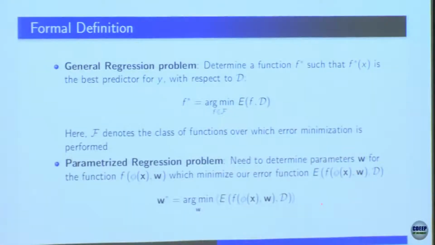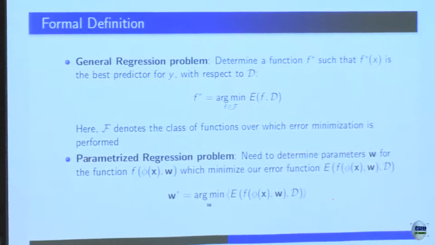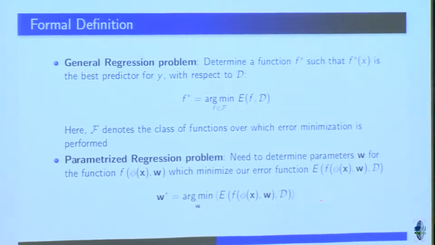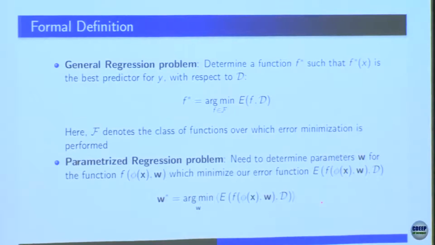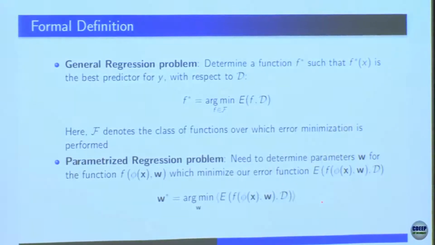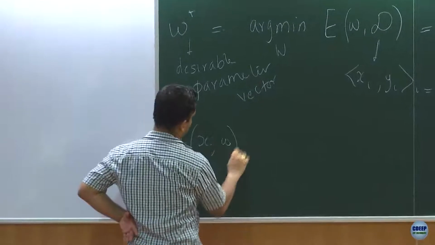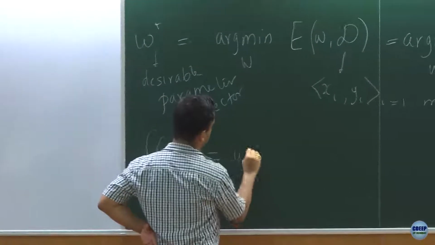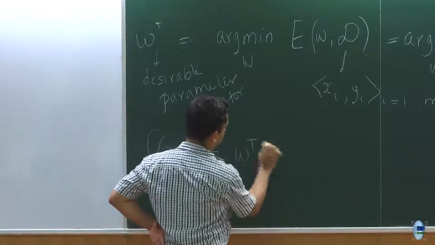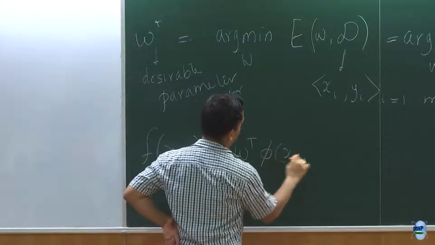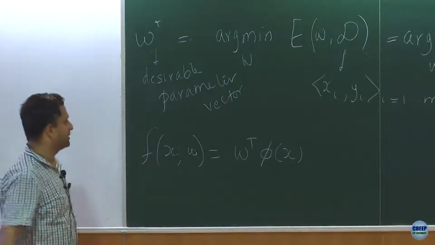Now the general regression problem is that instead of w star, you are interested in f star, right? What happened in our specific case is our f was parameterized by w, f(x, w), which we assume to be the linear regression model, w transpose phi(x).